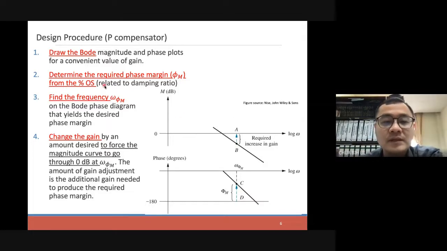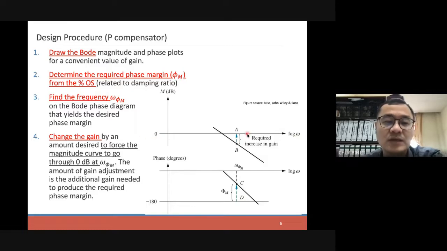So once you can identify your phase margin from the damping ratio or maybe the percent overshoot, then you can find out the frequency required. You can see that you have a frequency line as well.